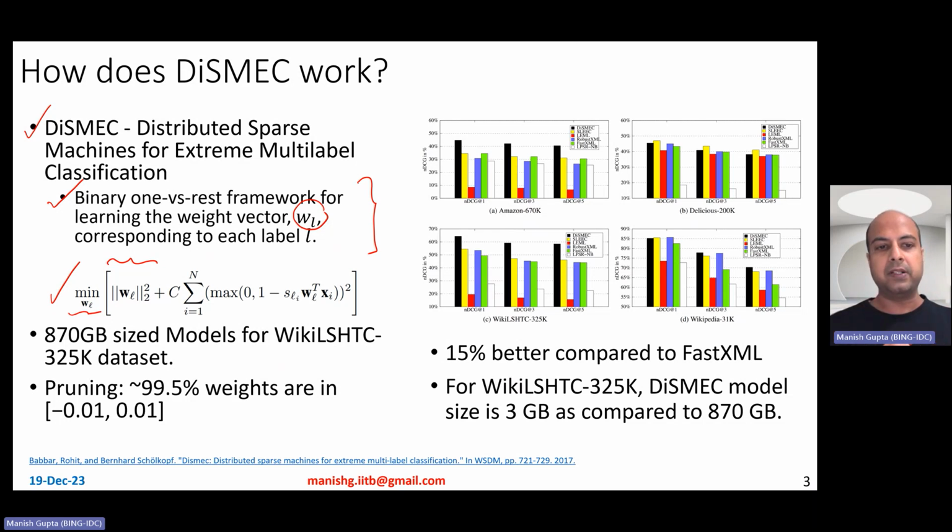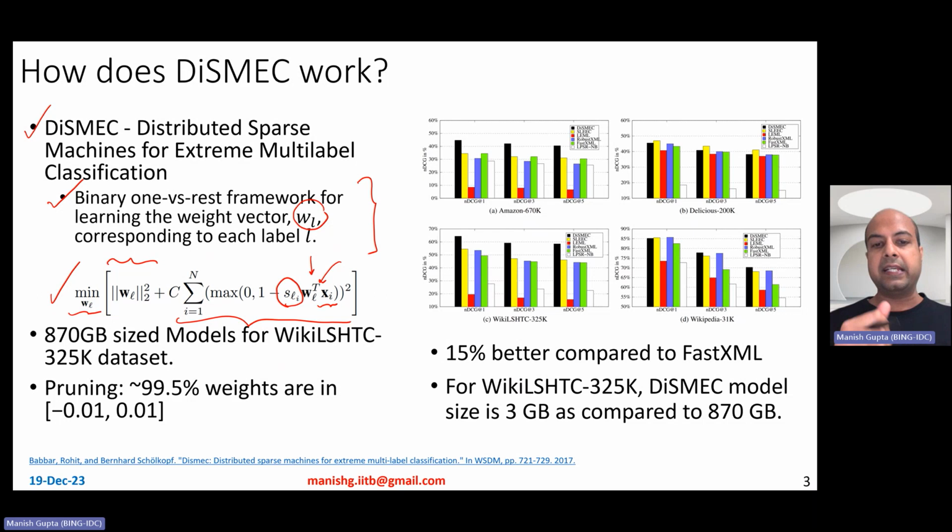So the complexity has to be controlled, and then this one ensures that a particular WL that you train for this classifier should be very close to positive instances and far away from negative instances. This SLI basically takes care of the sign.